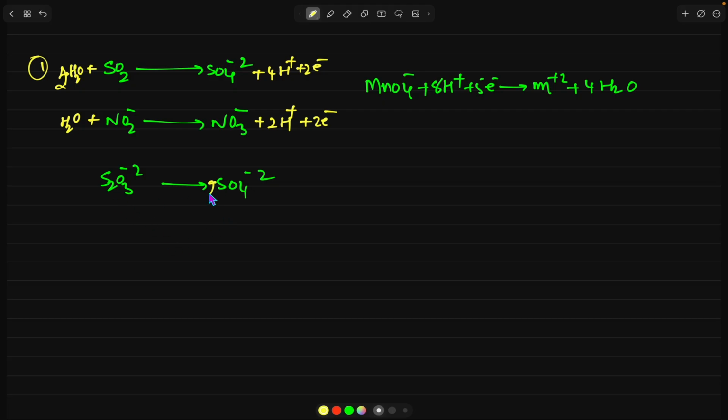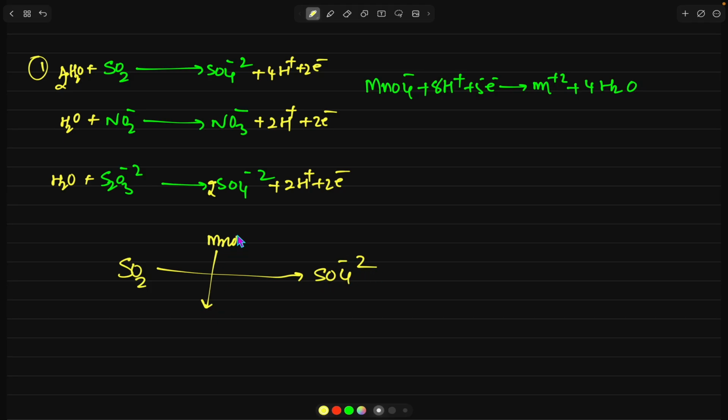In this case you have to take sulfurs 2, so 8 3, that means 1 mole of H2O is required. Here you get 2 moles of H plus and 2 electrons are required. So you can merge these reactions with each other, right? So SO2 is oxidized to SO4 minus 2, where MnO4 minus is reduced to Mn plus 2. This is the redox reaction.